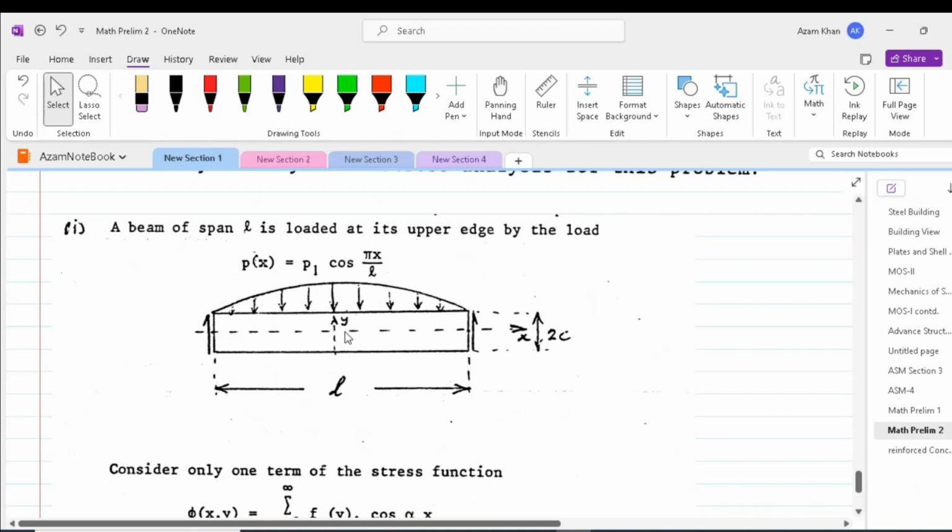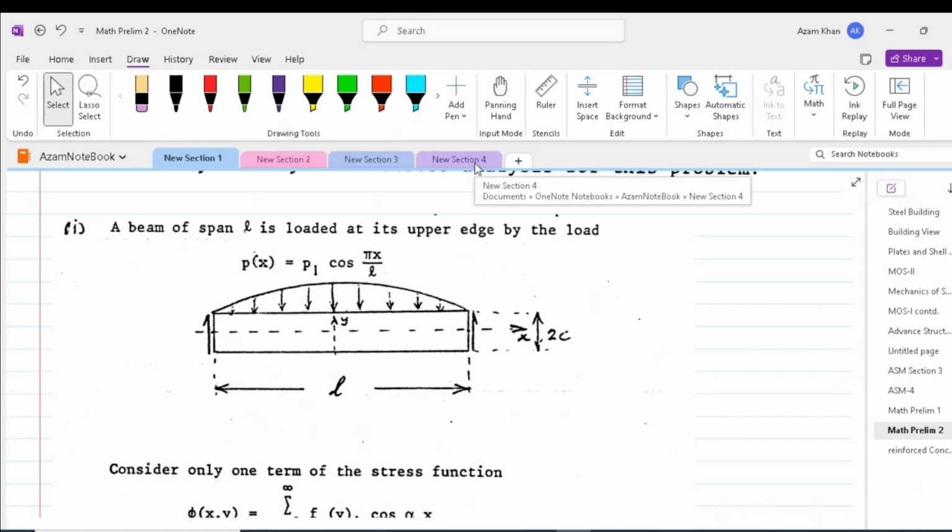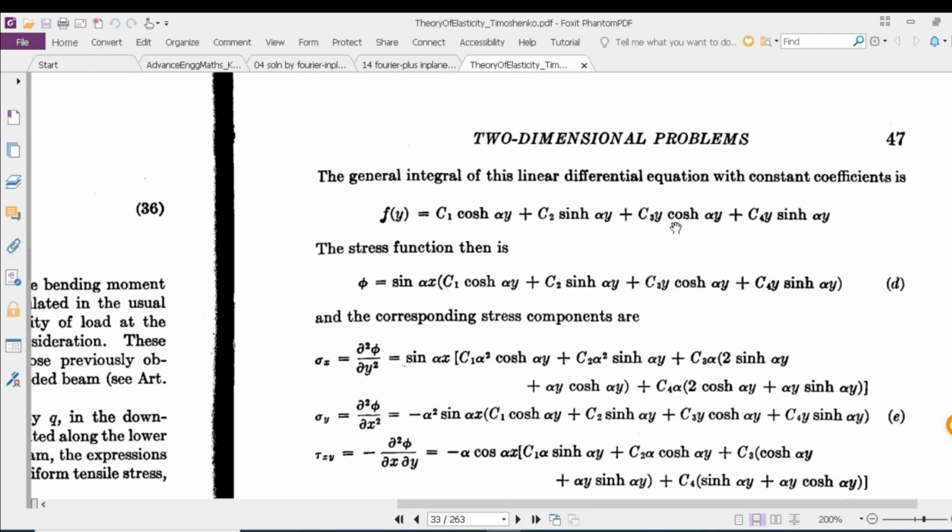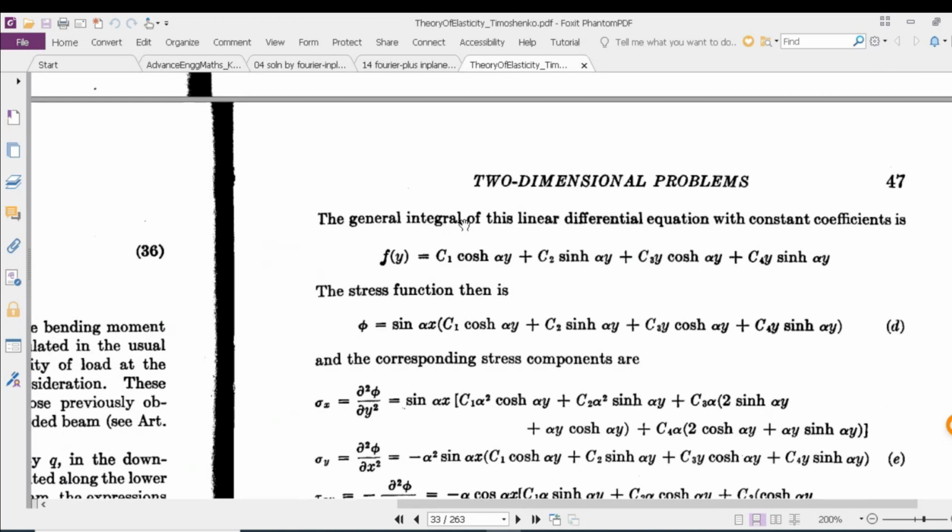So, all the terms which are odd in our f(y) function will have to be 0. C1 cosh alpha y is an even function. C2 sinh alpha y individually is an odd function. C3 y cosh alpha y is an odd function. And C4 y sinh alpha y is again an even function.